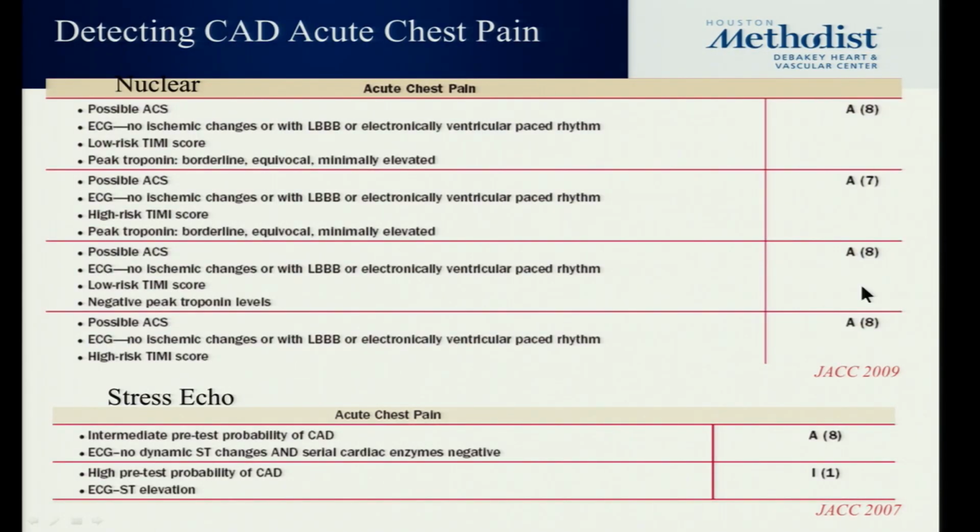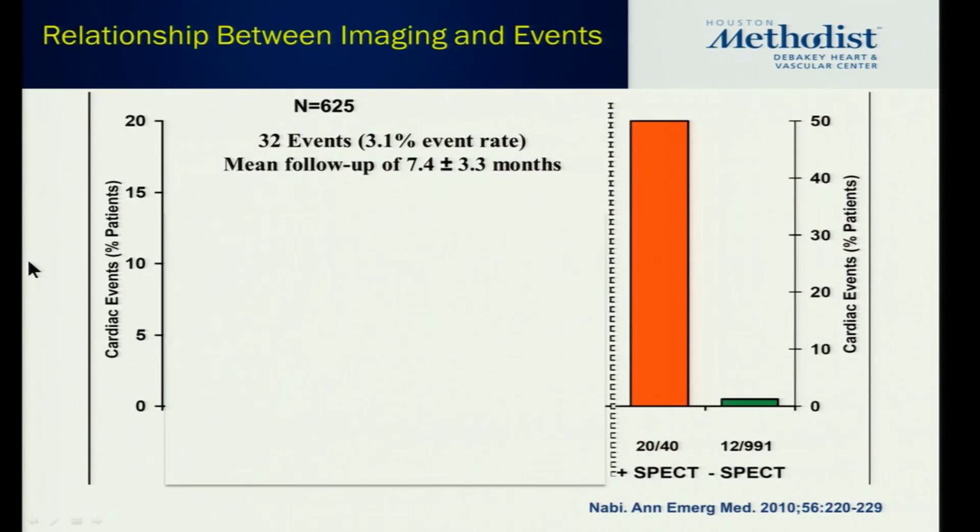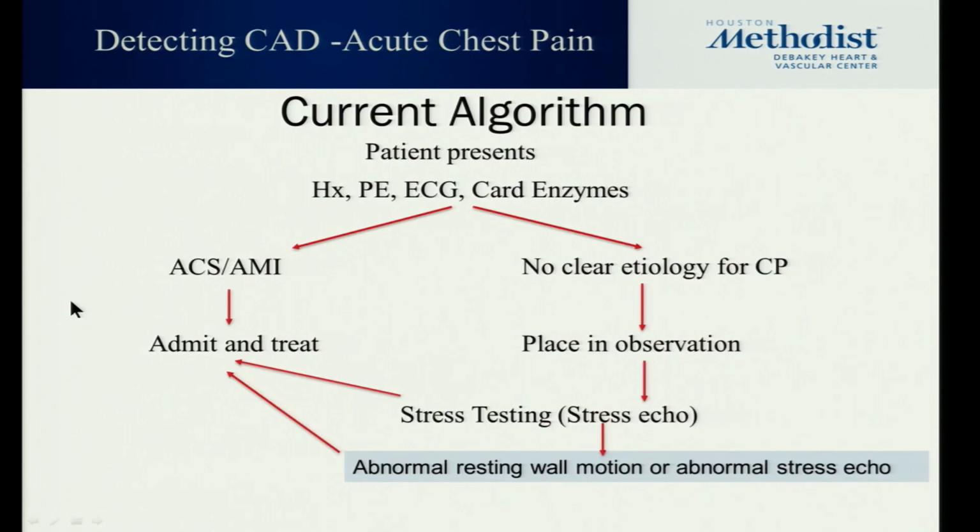Nuclear and stress echo, both are appropriate, and Faisal covered this very well. In fact, this is a piece of his slide that he showed you from his work, that if you have a negative stress nuclear, you have excellent outcomes. And the same thing has been shown for stress echo. So, if you're going to go the way of echo, then remember that in this algorithm that we have shown before, if the patient is non-diagnostic, you put them in some sort of observation area once the enzymes are okay, and you do some stress testing.